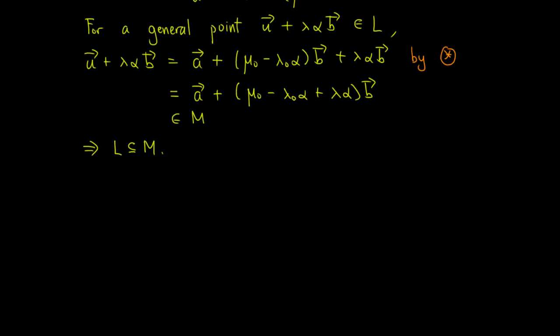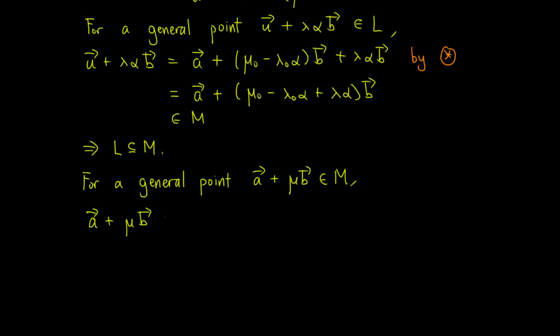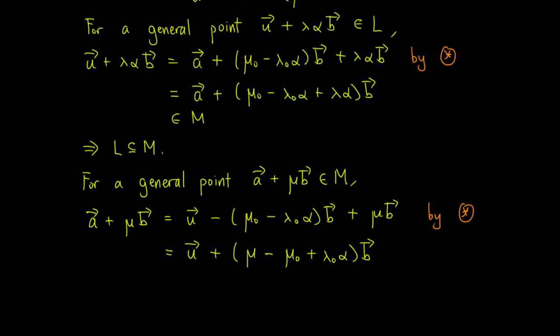For the other inclusion, we take a general point in M which has the form a plus mu b. Again, we can use the expression for u to write a as the subject to have u minus (mu naught minus lambda naught alpha) times b plus mu b, which equals u plus (mu minus mu naught plus lambda naught alpha) times b.